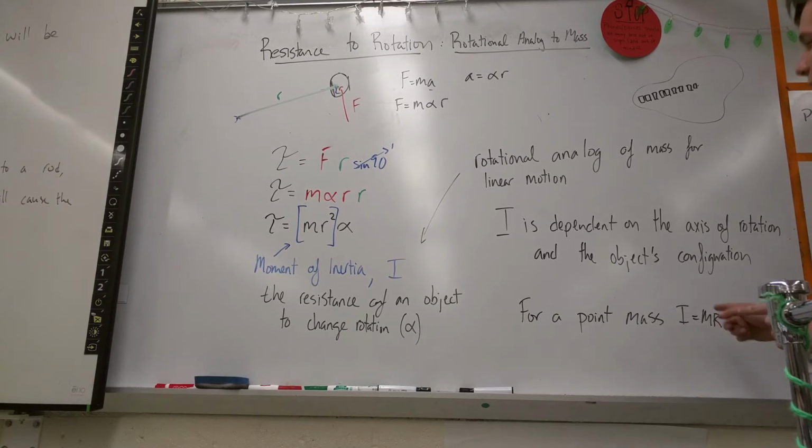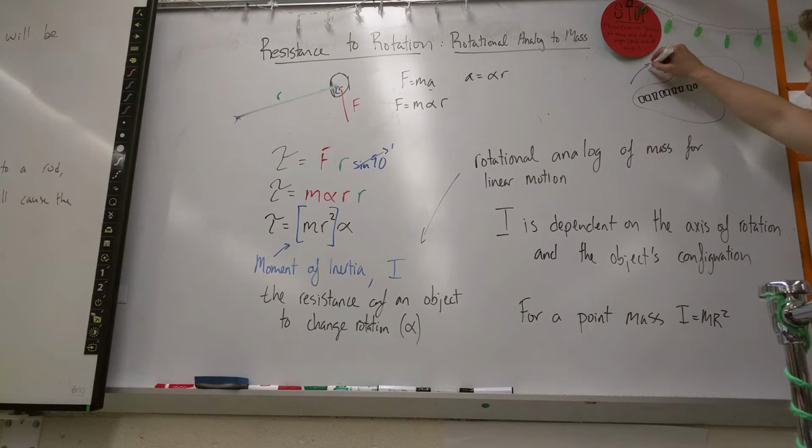So I is dependent on how far it is from the axis of rotation, and it's dependent on the object's configuration. Consider that I have this blob here, and I'm getting this thing to rotate in that direction, and this is fixed, and this is a bird's eye view.